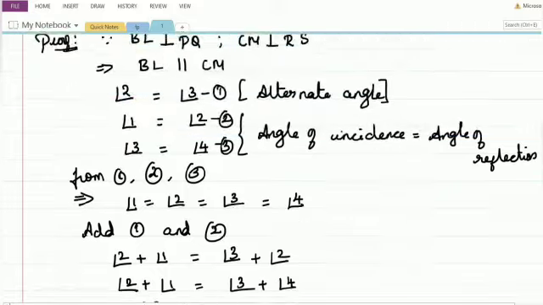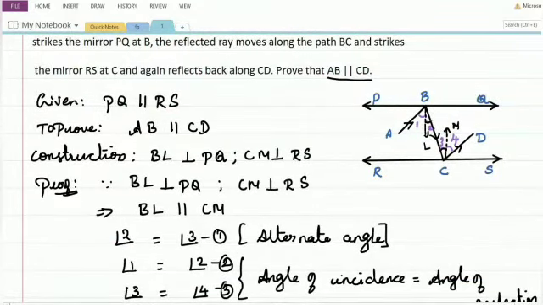So first we have given a construction that BL is perpendicular to PQ and CM is perpendicular to RS. PQ and RS are parallel already, and BL and CM are perpendicular to them, so these both lines will be parallel. Since these two lines are parallel, BC will be the transversal, and angle 2 will be equal to angle 3 because alternate angles are equal.